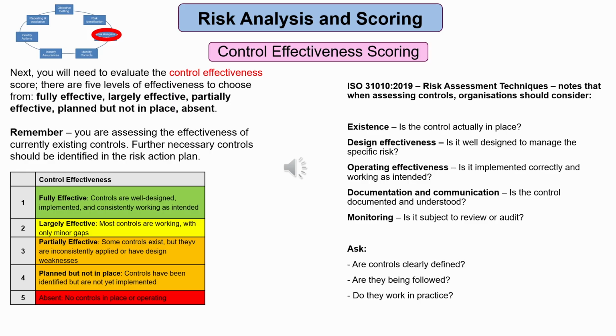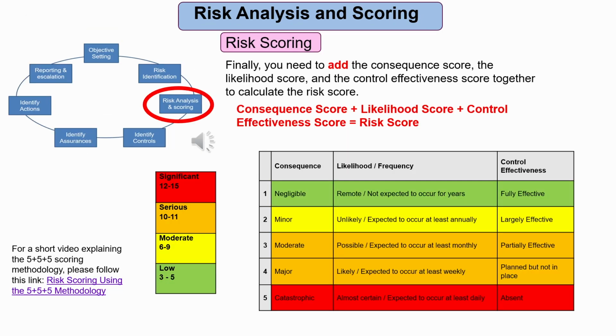Operating effectiveness, is the control implemented correctly and working as intended? Documentation and communication, is the control documented and understood? Monitoring, is it subject to review or audit? So you need to be asking, are controls clearly defined? Are they being followed? And do they work in practice?